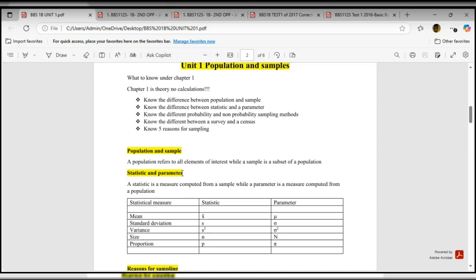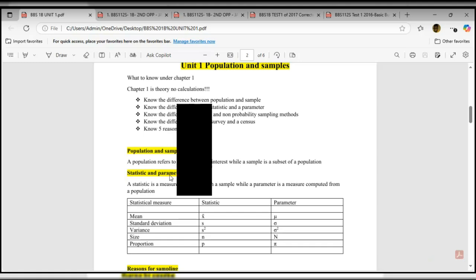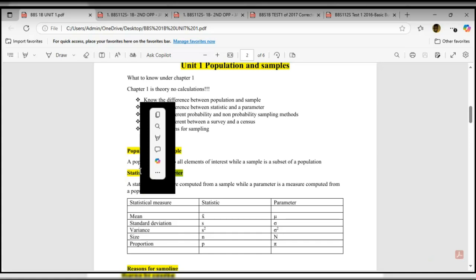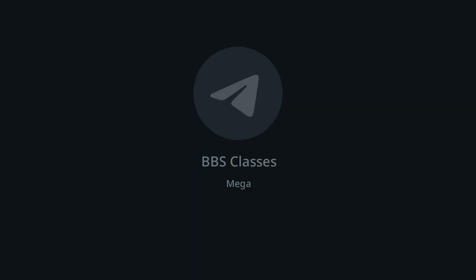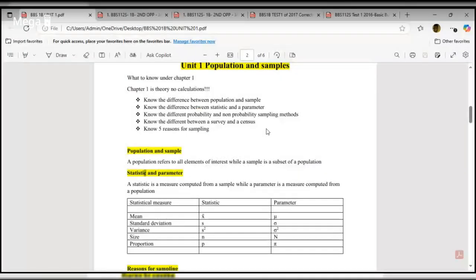So a parameter is a measure that is calculated using population data. While a statistic is a measure that I calculate from a sample. Let's say I have a sample and I do some measures on that. Those are what we call statistics. So I can calculate the mean from a sample, or I can calculate the mean from the entire population.